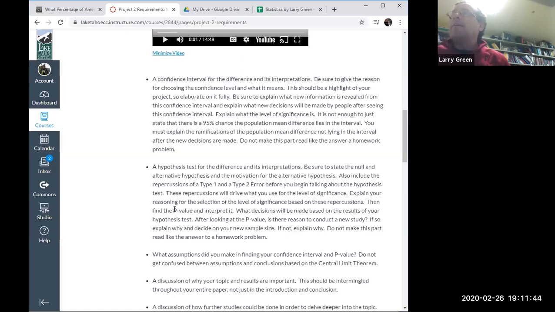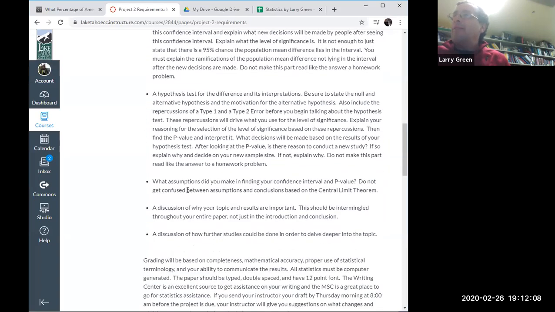I want to double remind you that this confidence interval and the hypothesis test, those are the biggies. Most of your paper should be on that. The rest are small stuff. Got it? So usually 3/4 are just on those two things. And then notice these are smaller little bubbles. What assumptions did you make?